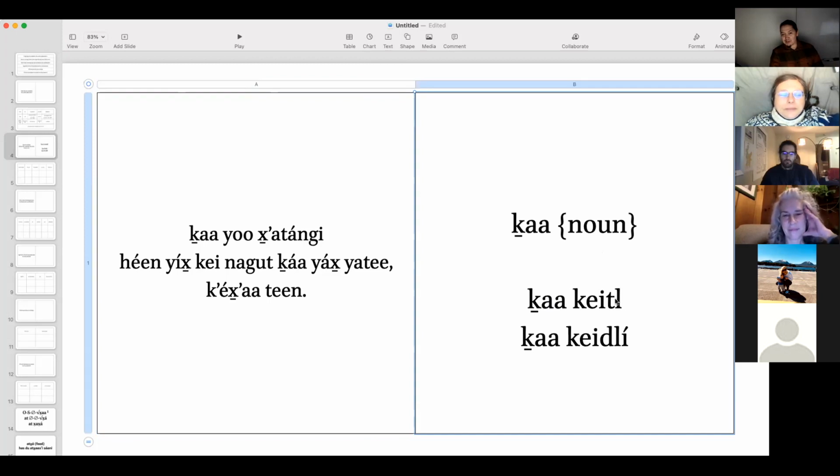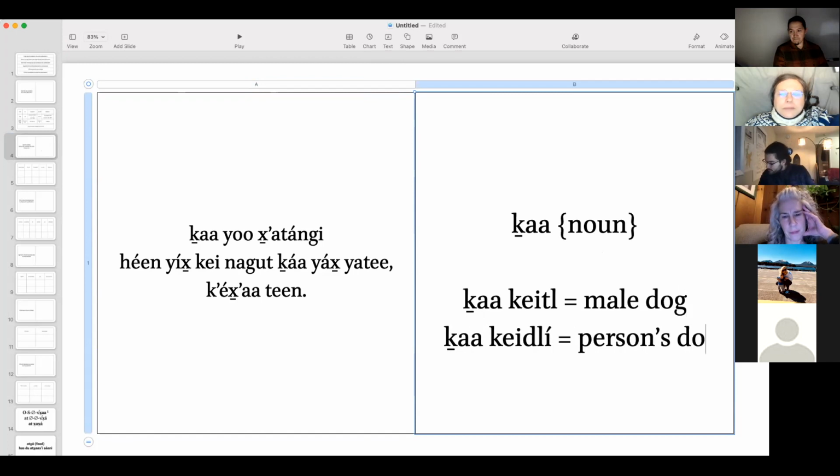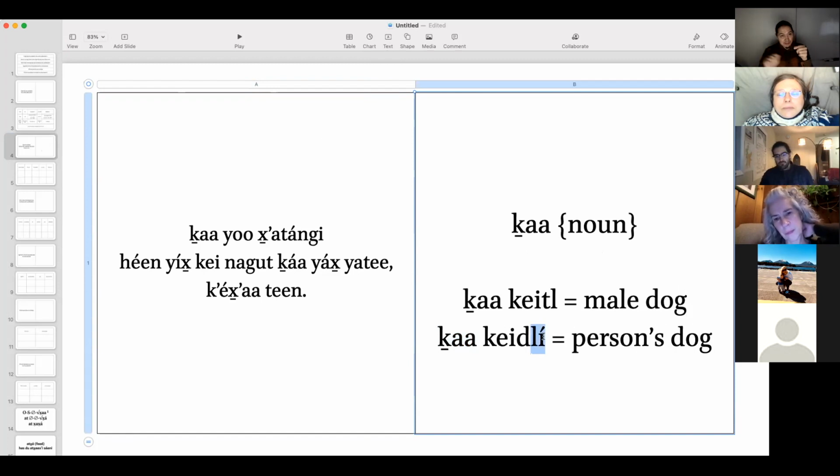So what do you think might be the difference between these two? Ka-kate, ka-kate. A male dog and a person's dog. So in this case, when we line it up next to a noun, we know whether this is the possessive pronoun because it triggers the possessive marker, right? And so they're a matching set, sort of.